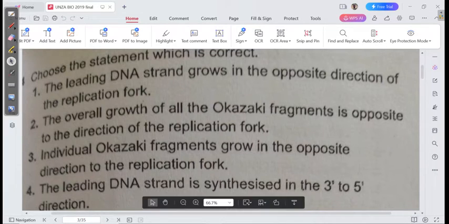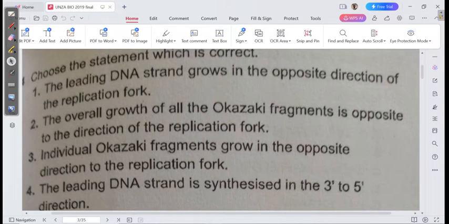What are others saying? Option 2, the overall growth of all the Okazaki fragments is opposite to the direction of the replication fork. This is interesting. Some more suggestions?